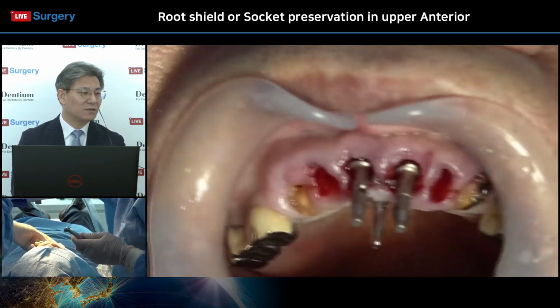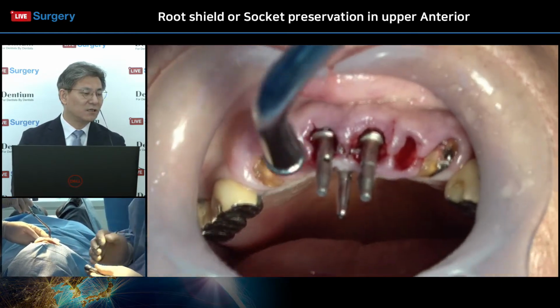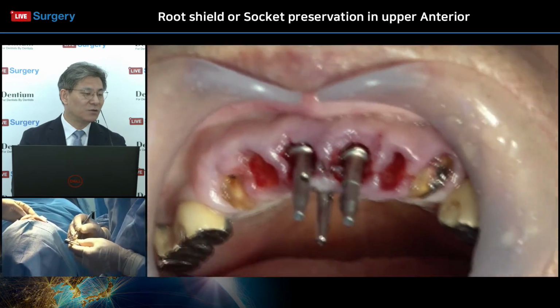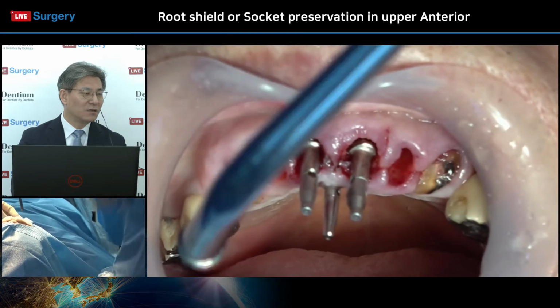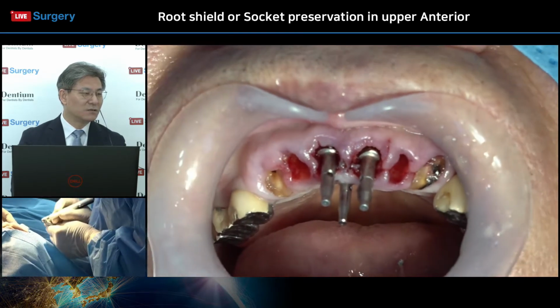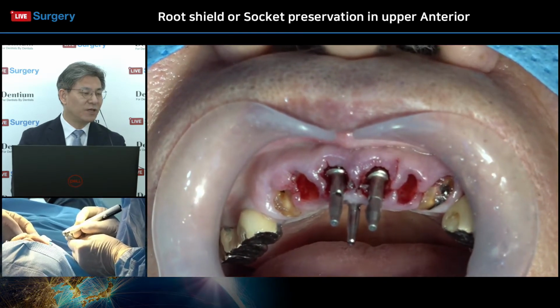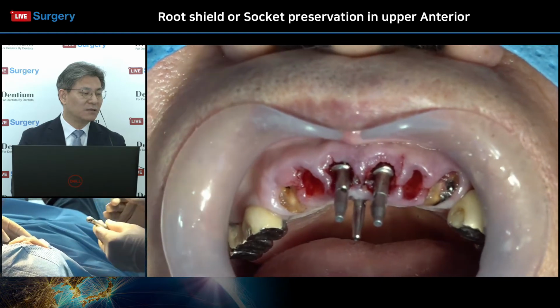Okay, so Dr. Chung is checking the remnant of the tooth. The 3 millimeter.